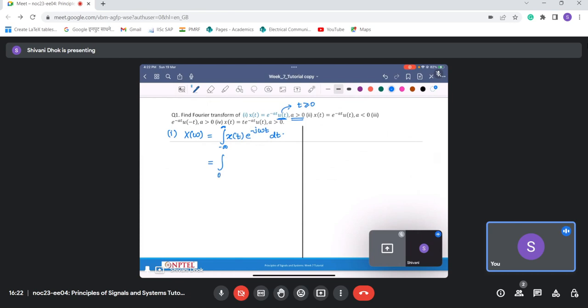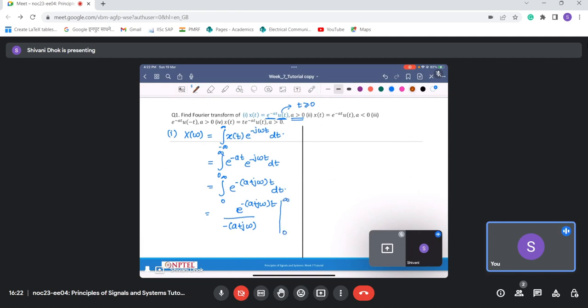So we can write this integral from 0 to infinity. x(t) will take the value e power minus at into e power minus j omega t dt. This we can write as integral from 0 to infinity of e power minus (a plus j omega) t dt, which is equal to 1 upon minus (a plus j omega) into e power minus (a plus j omega) t, varying from 0 to infinity.